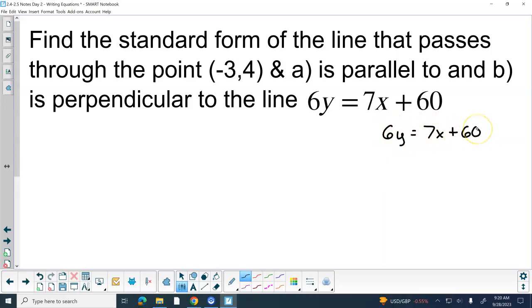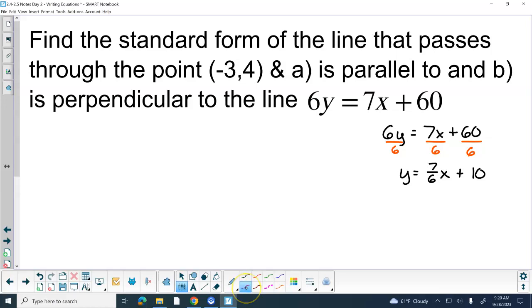So in order to do that, I'm going to divide everything by 6, because then it's in y equals mx plus b form. So then it would be y equals 7/6 x plus 10. Given that line, what is the slope of that line? 7/6, okay?